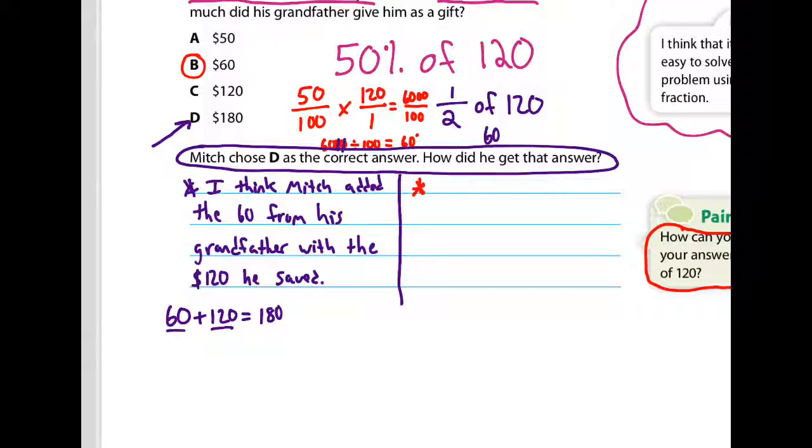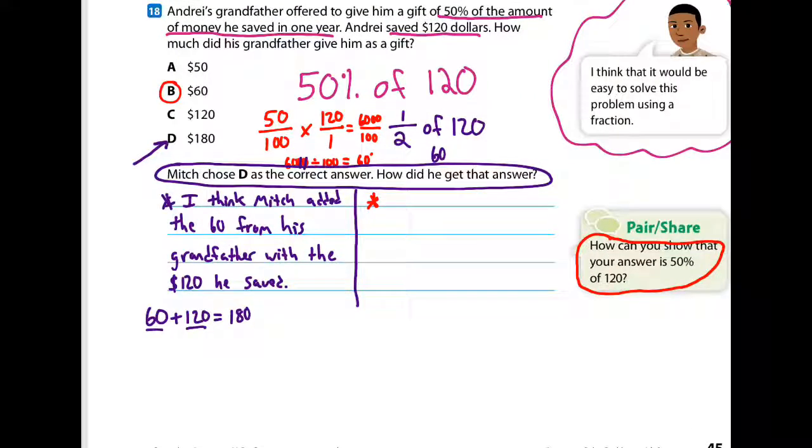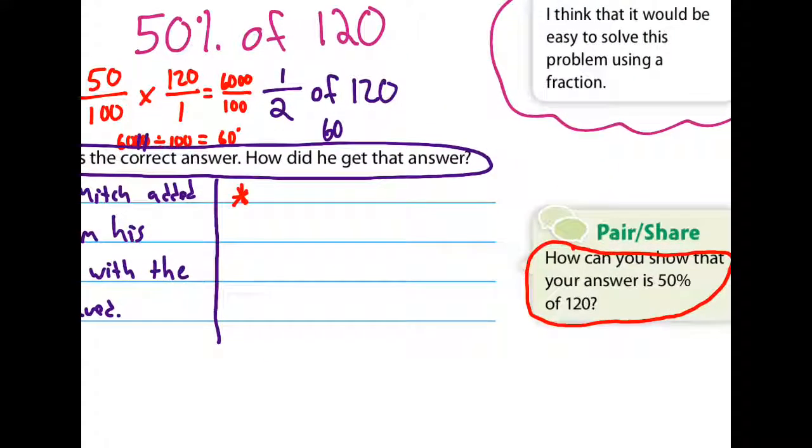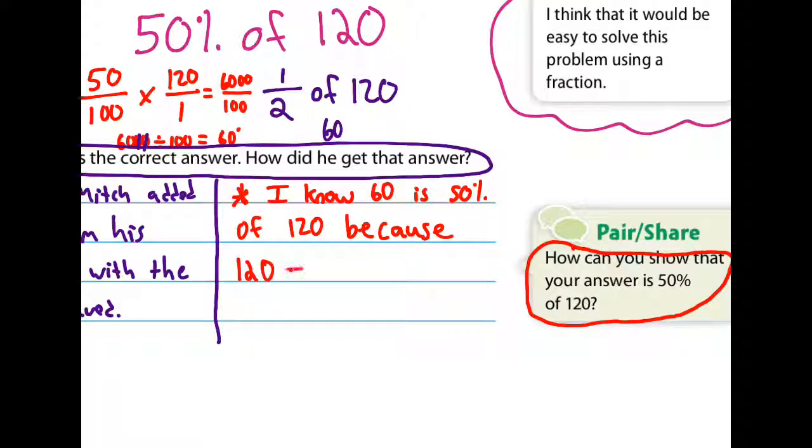Now, on the right side, the pair share. How can you show that your answer is 50% of 120? So, I mean, you could draw a picture, you could make a table, but here is how I know. I'm going to say, I know 60 is 50% of 120 because 120 divided by 2 equals 60.